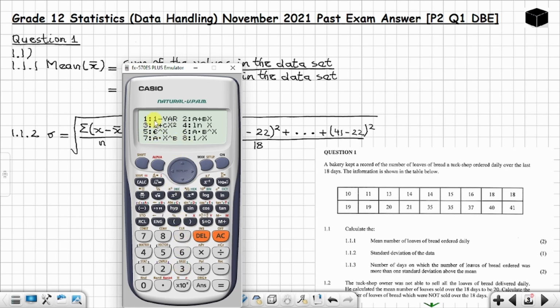And then you choose one var, which is number 1. And then now you insert the values. The first value is 10. You press equal to insert it. And the next value is 11. You press equal to insert it. And so on. Make sure you insert all the values. You don't leave any values behind.